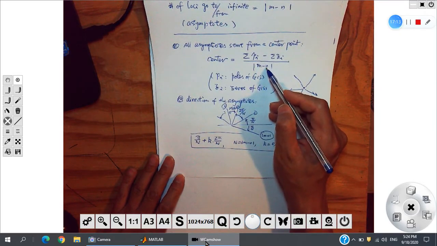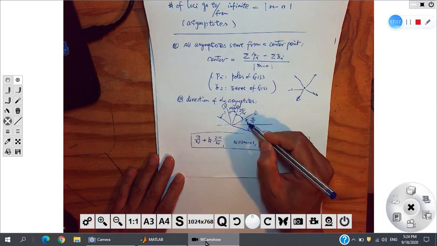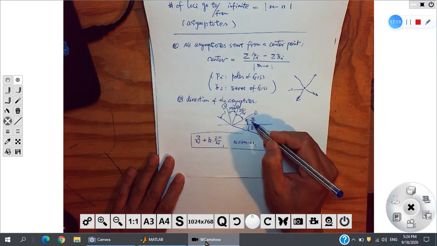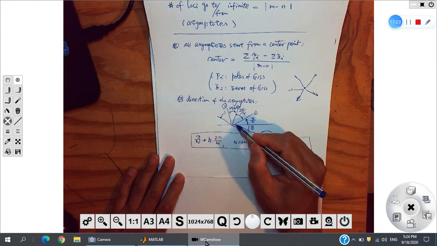So we only have 1 branch going to infinity, so this angle will be pi over 1. This angle actually is 180 degrees, just 1 branch.